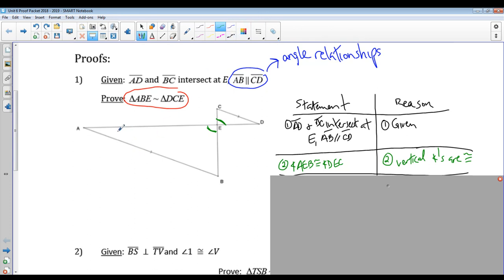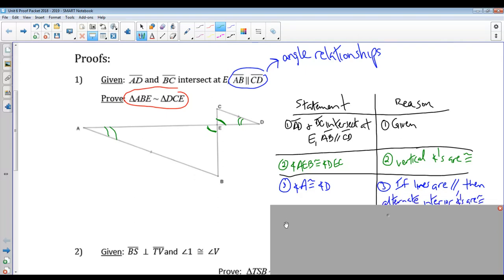In this particular problem, I have a few different angles that I can mark up in this picture. I like the looks of angle A and angle D. And I know those are congruent because if the lines are parallel, then the alternate interior angles are congruent. I could have also done angle B and angle C.